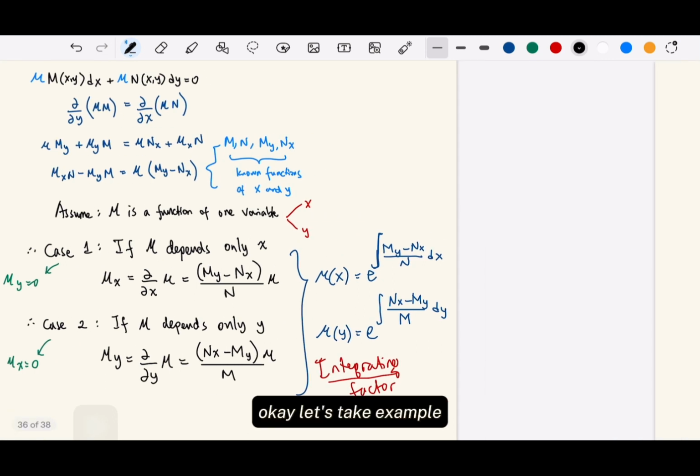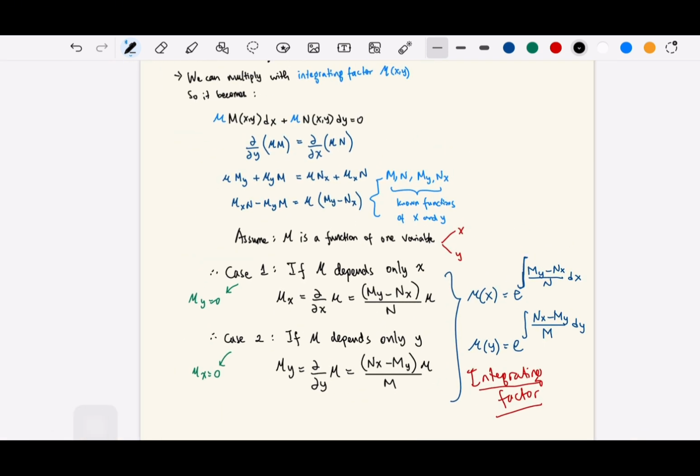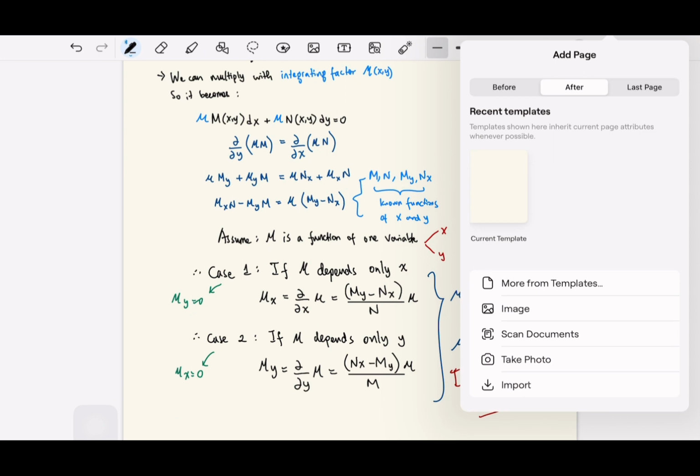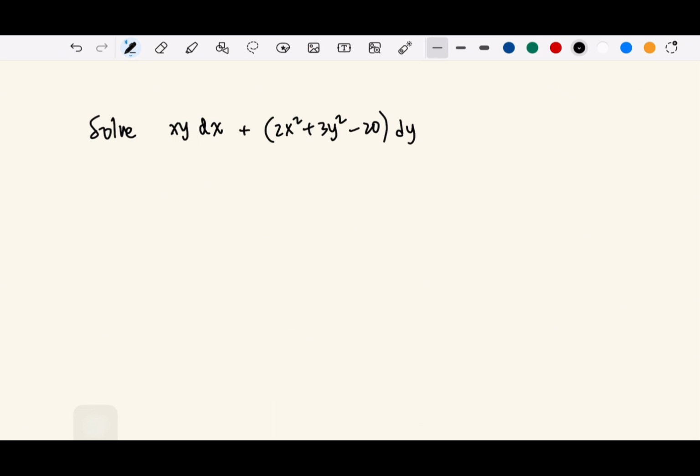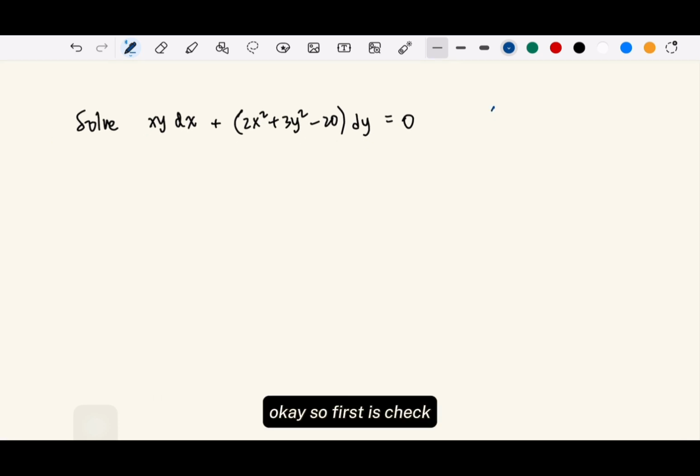Okay, let's take an example. So solve... Okay, so first is check exactness.